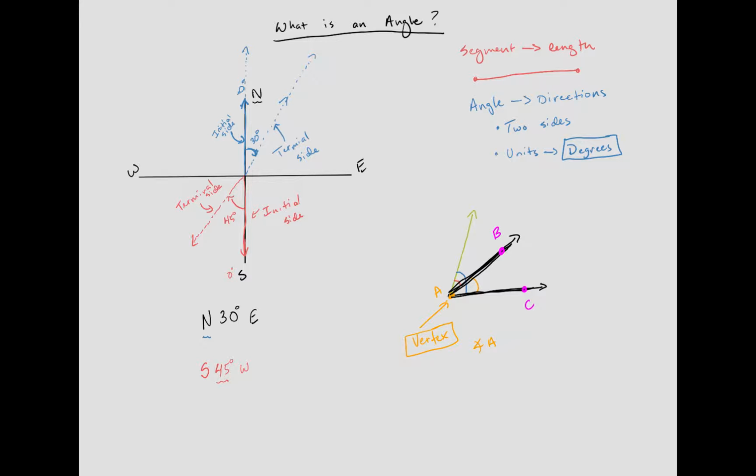And so for this orange angle, we're going to start at one of these ends, it doesn't matter which one, and go B. So if we start at point B and then travel along until we hit the vertex A, and then travel along, and then we get to C.